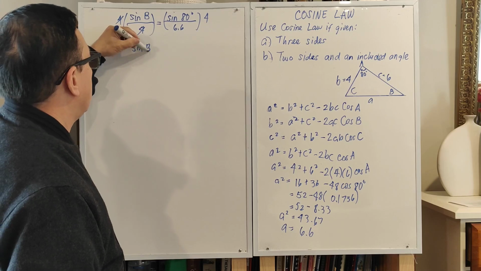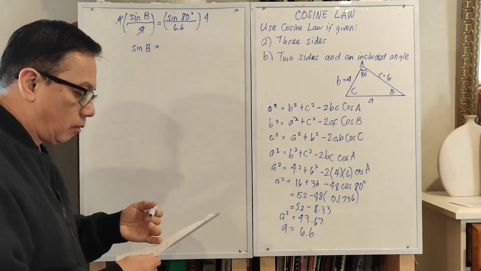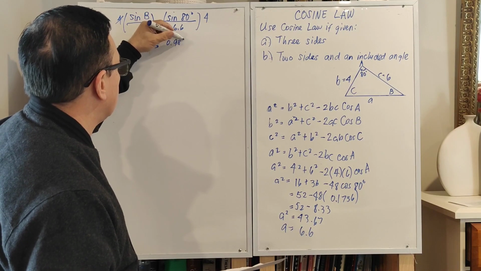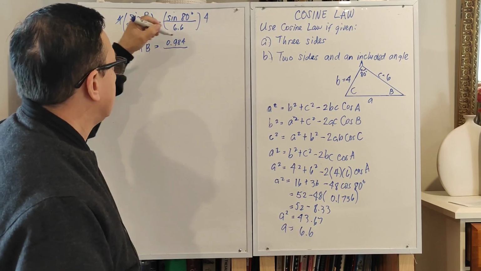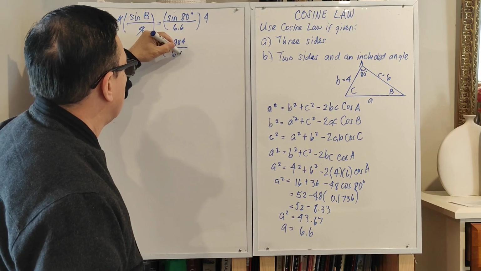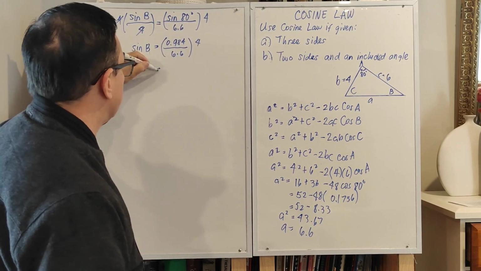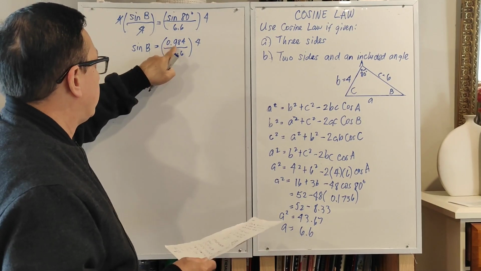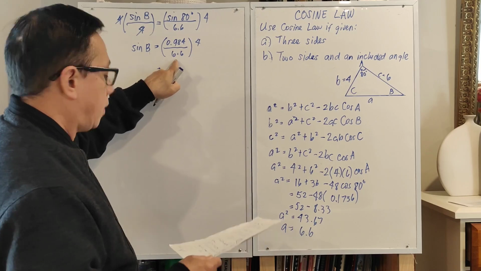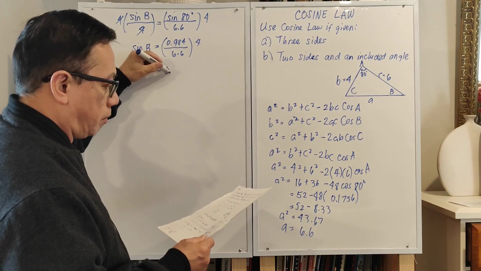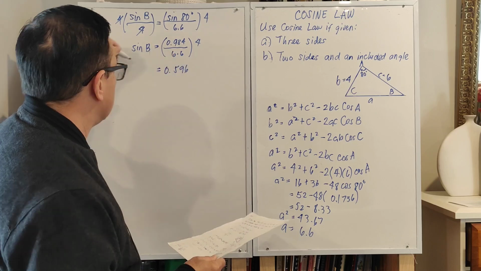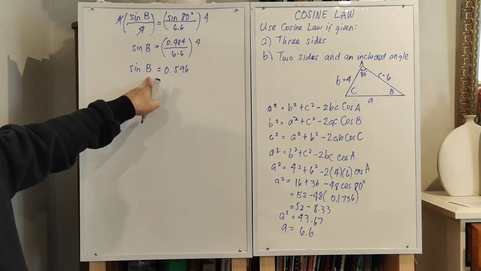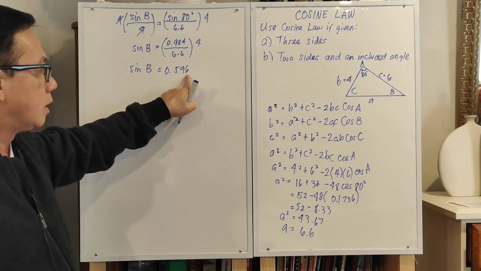Sine B is equal to sine of 80, which is 0.984, times 4 divided by 6.6. Now, if you multiply 0.984 times 4 divided by 6.6, you get 0.596. So this is your sine of angle B. To get angle B, we need to get the inverse sine of this ratio.